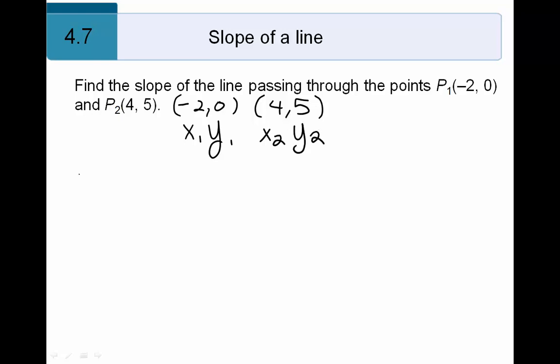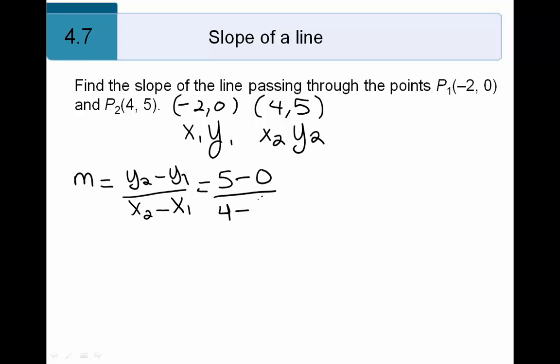So your slope m is going to equal y2 minus y1 divided by x2 minus x1. So that's going to be 5 minus 0 divided by 4 minus -2. So that gives you 5 over 6. So the slope of that line is 5/6.